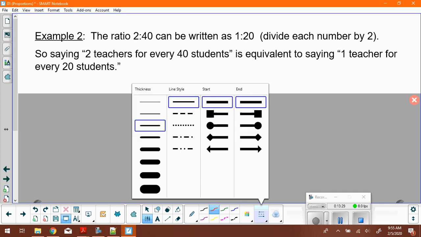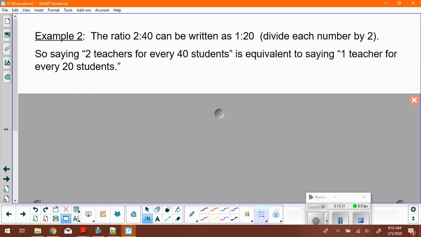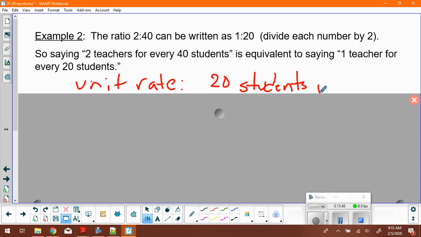If I wanted to write that as a unit rate, that would be 20 students per teacher.